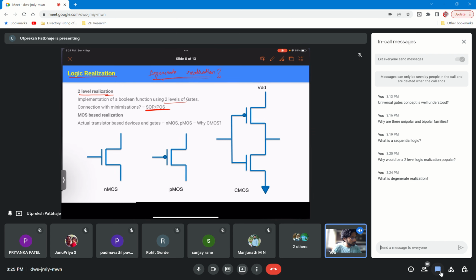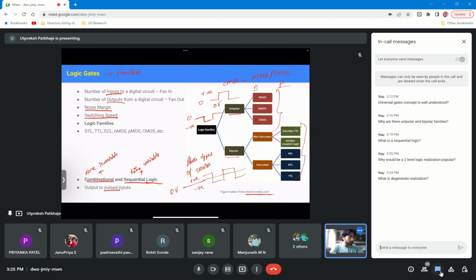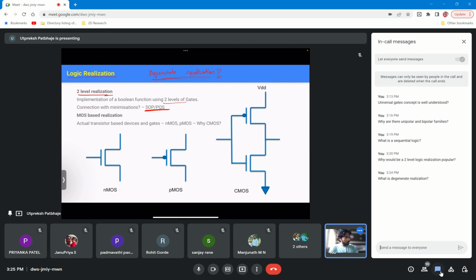So in a degenerate realization, for two-level realization, we always take our basic gates AND, OR, and also include our universal gates NAND, NOR in this mix, and the NOT gate is used wherever it is required. It is not counted as a separate gate.